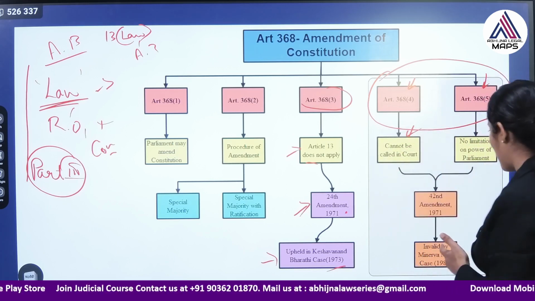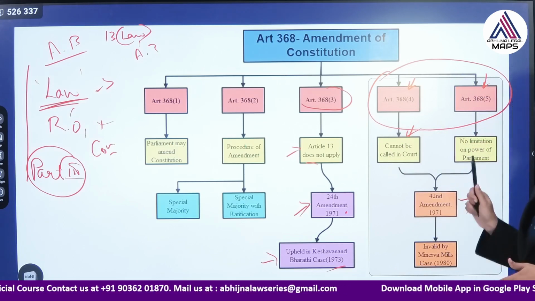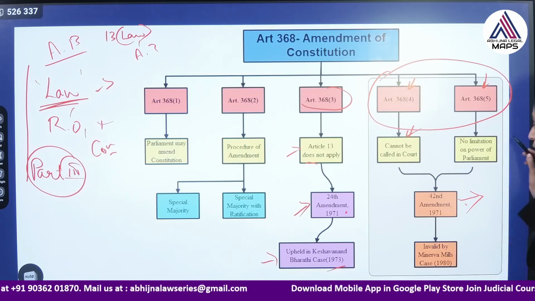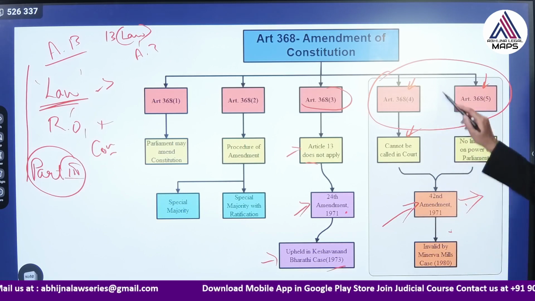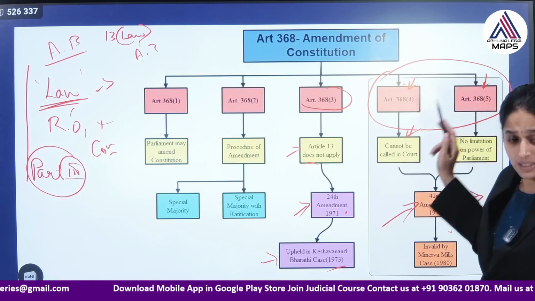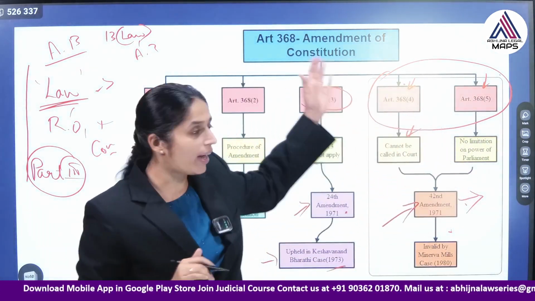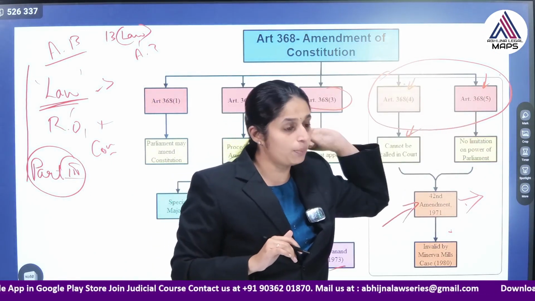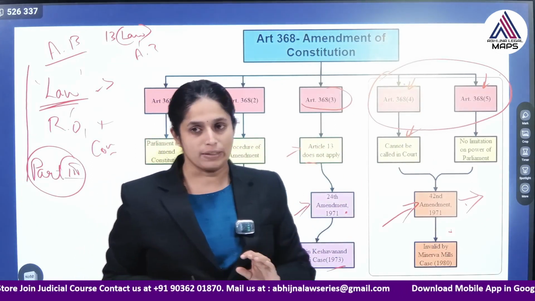This was introduced by the 42nd Amendment and was challenged in the Minerva Mills versus Union of India case, and the 42nd Amendment was held to be invalid. That is why Article 368(4) and Article 368(5) are held to be invalid. Out of the 5 provisions, Article 368(4) and 368(5) are held invalid by the case of Minerva Mills versus Union of India.